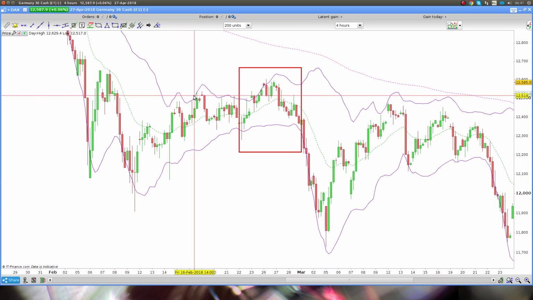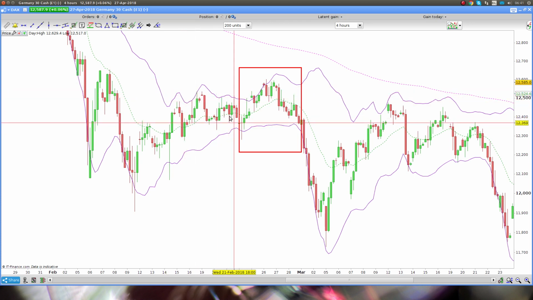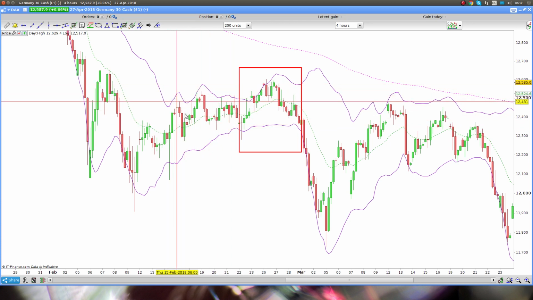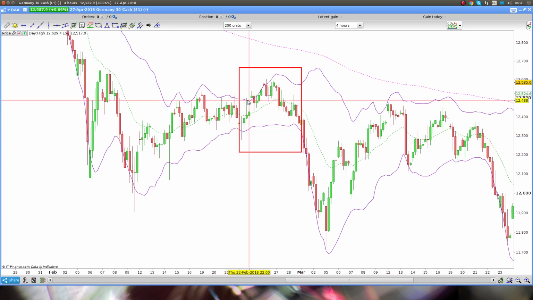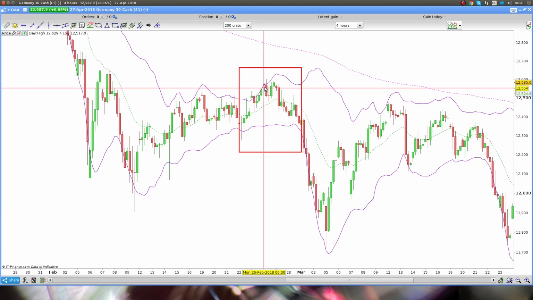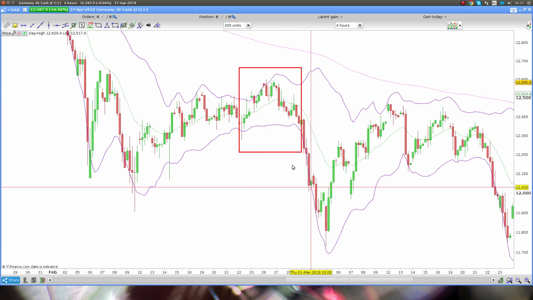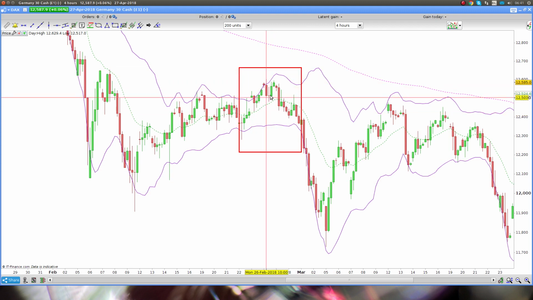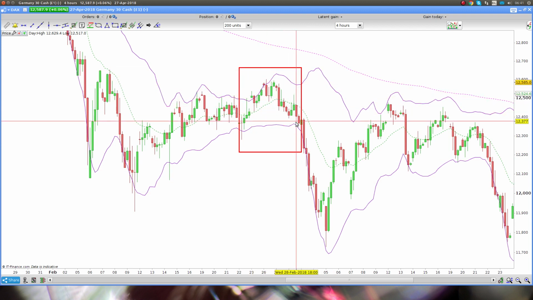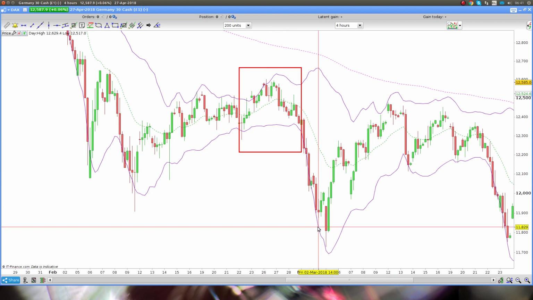I know there are people that do it, but for me, it just doesn't work. Okay, so you can see here we're in a squeeze and then we open up, but then we get a double top and we start moving to the downside. So it would have been a short move up, play the double top, and then all of a sudden we accelerate to the downside.